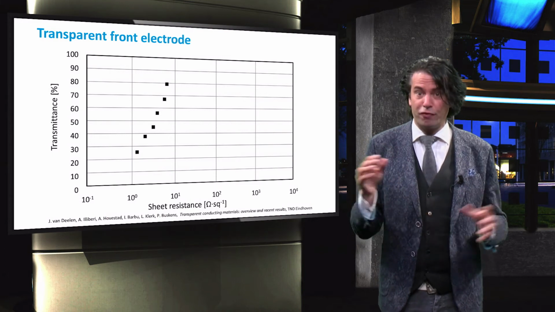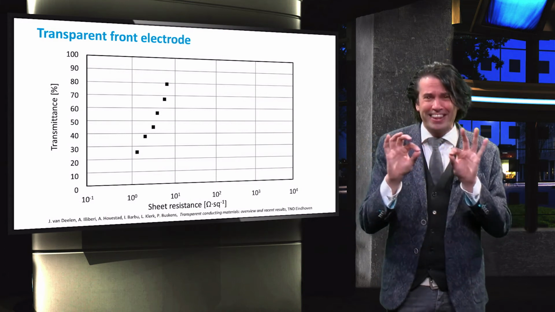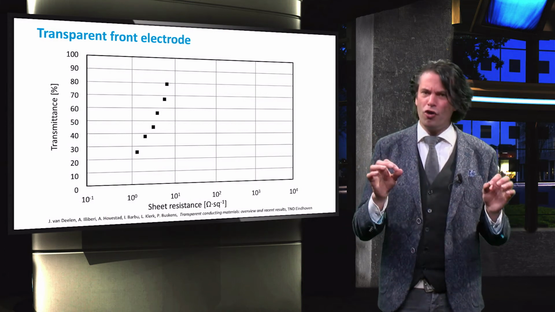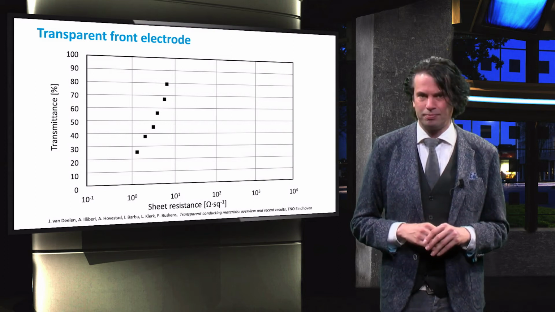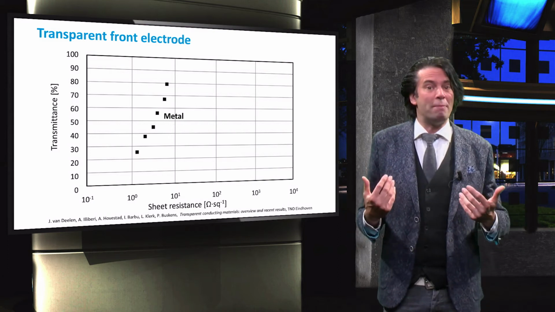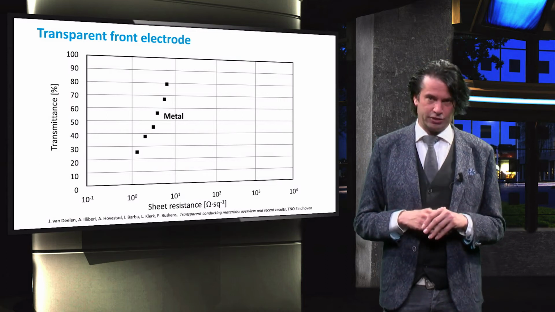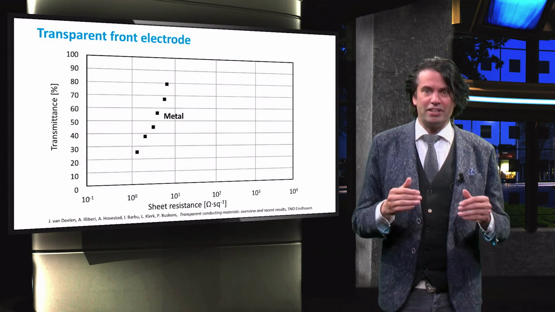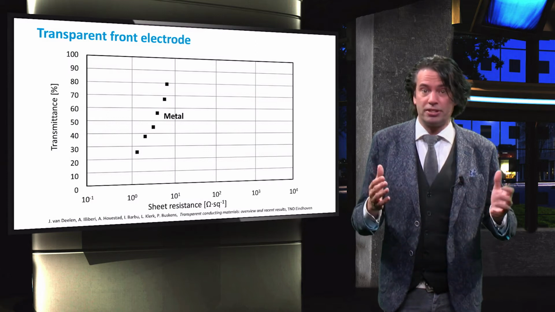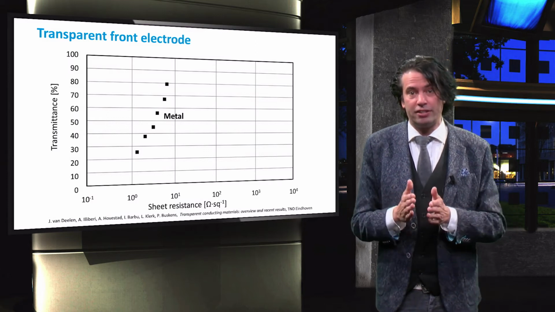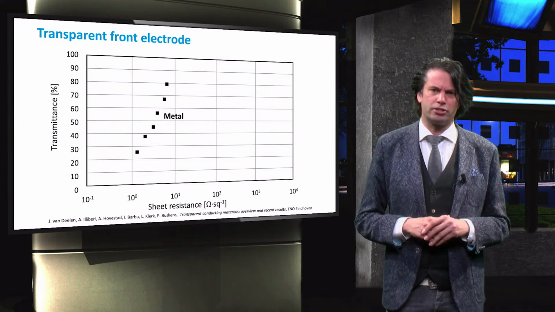We can consider, for instance, the use of very thin metal sheets of only a few nanometers thick. The transmittance of such a metal sheet is plotted in this graph as a function of its resistance. The metal film becomes less transparent and more conductive as the thin film thickness increases.